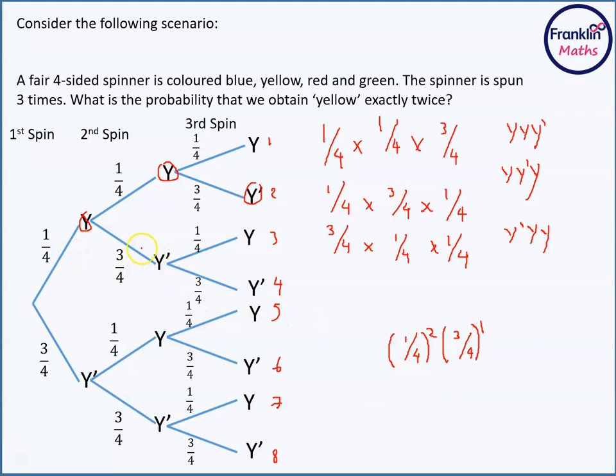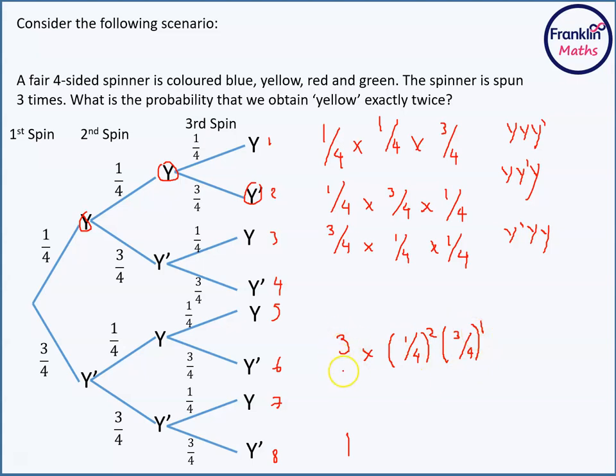Now, if you look at this, we could look at the probability of getting yellow, yellow, yellow, which is 1, and the probability of getting a not yellow, and then we could work from there. But you'll end up with the binomial coefficients. Now, if you have a look here, I've got 3 different ways of this happening. So I'd have 3 times a quarter squared times 3/4 to the power of 1.